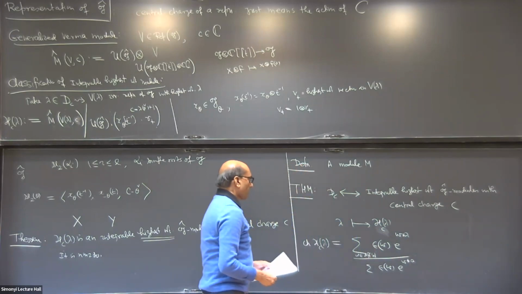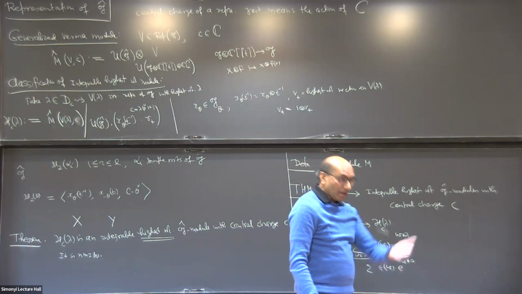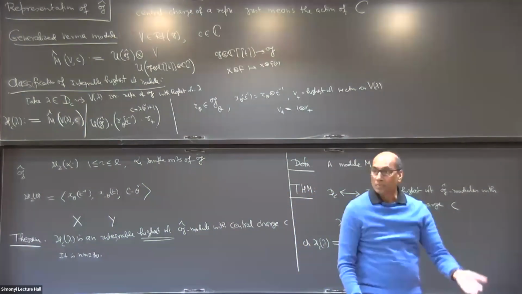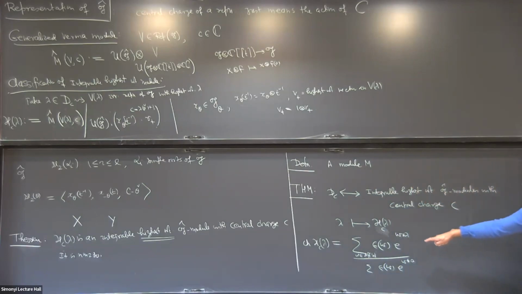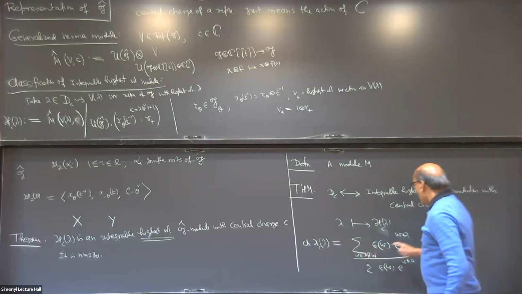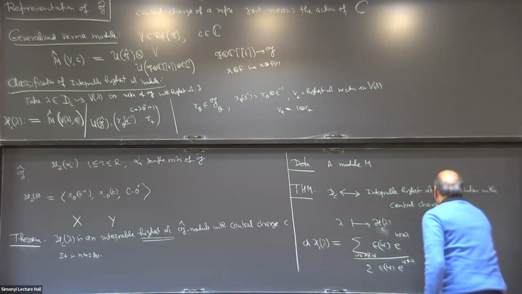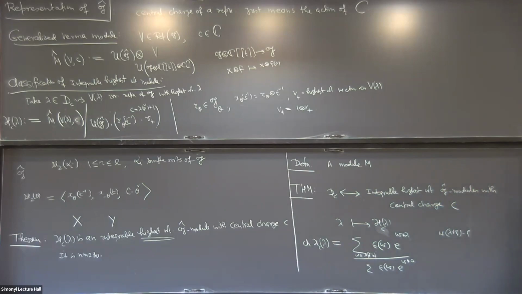The character formula reflects that the integrable module has a resolution by Verma modules. And now you have all translates by the affine Weyl group. So now we take the affine Weyl group, and lambda is this weight, and w star lambda is the usual w applied to lambda plus rho, minus rho. Rho is the affine rho.